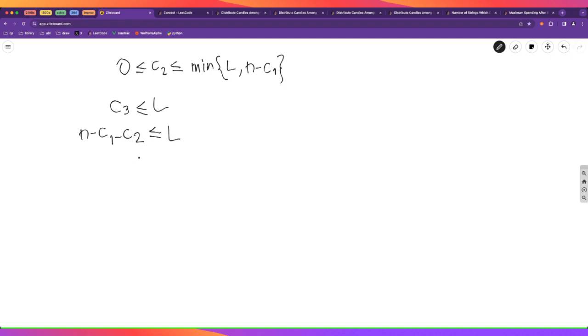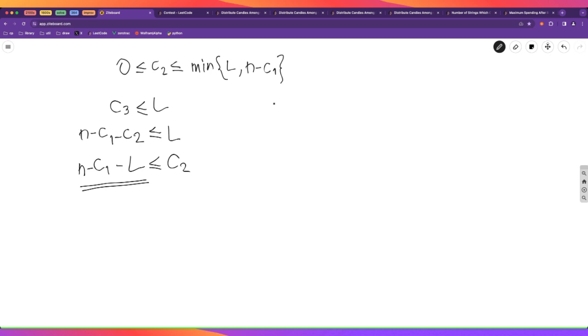Now we can isolate C2, so we pass C2 over here, and then we have n, and we subtract L from both sides. So now we have a lower bound for C2, right?